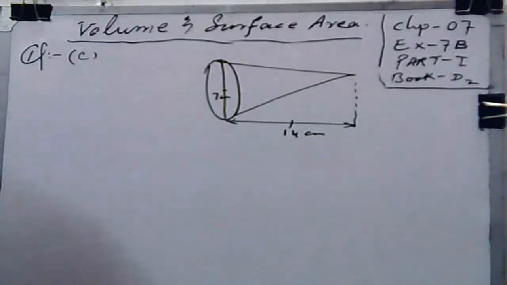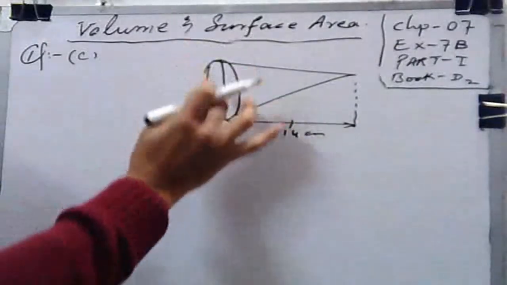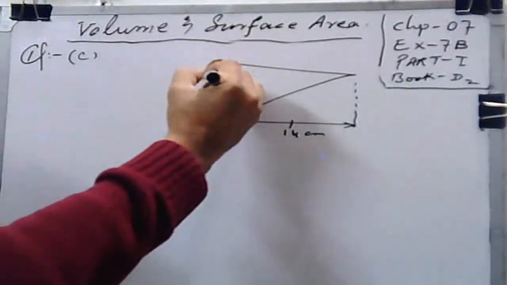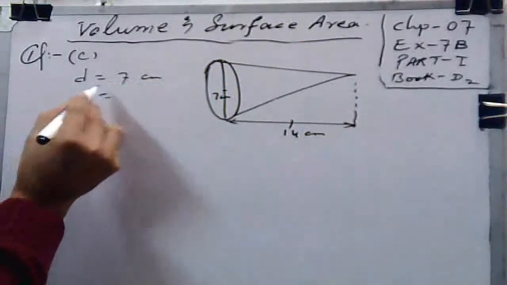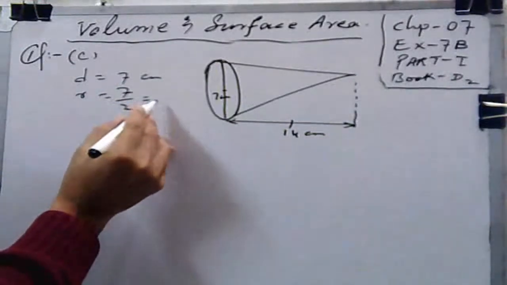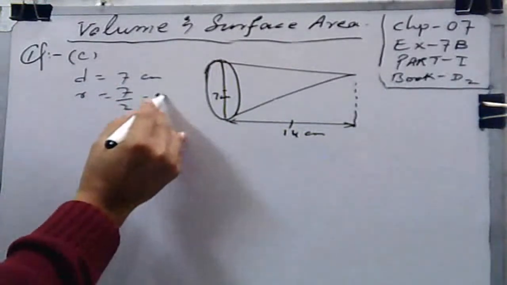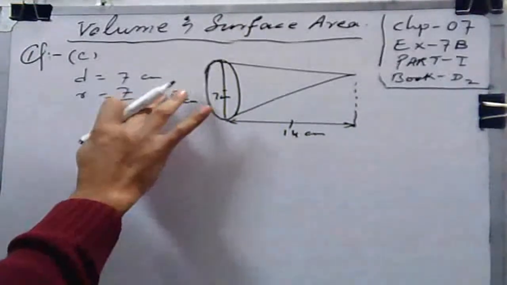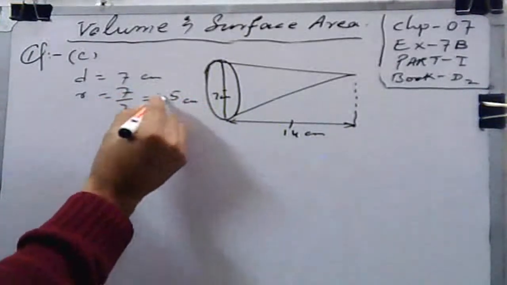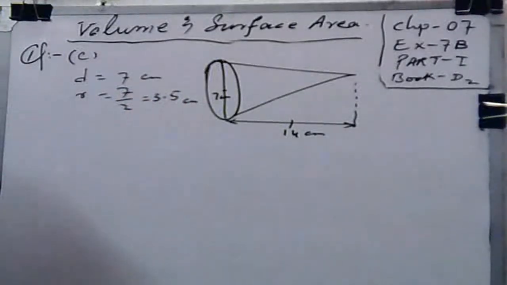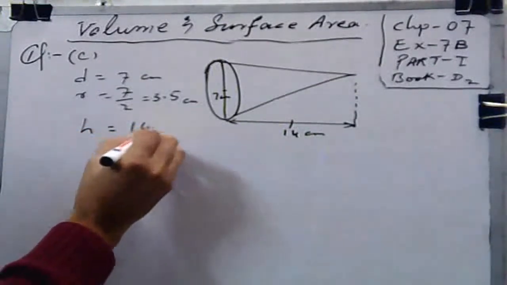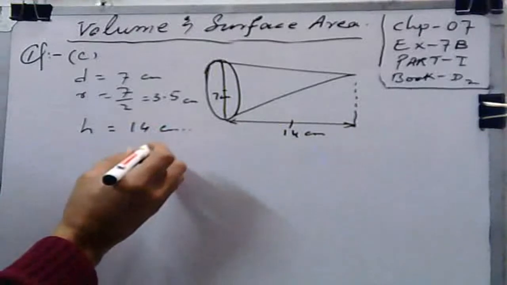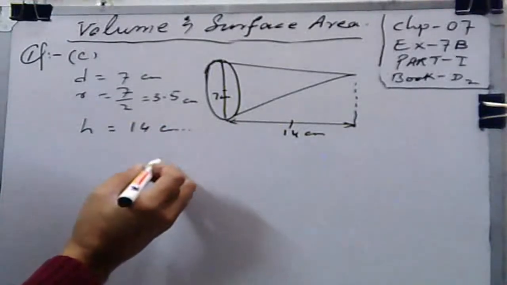So the diameter is equal to 7 centimeter, but r is 7 divided by 2. You will get the value of r as 3.5 centimeter. So 3.5 centimeter is the radius. The height is given to you, that is 14 centimeter, and we have to find the volume of the cone.